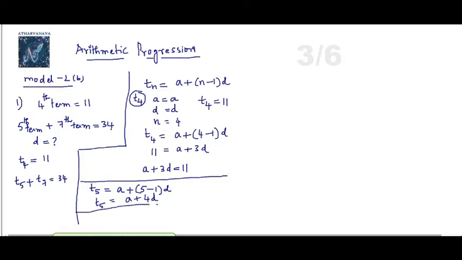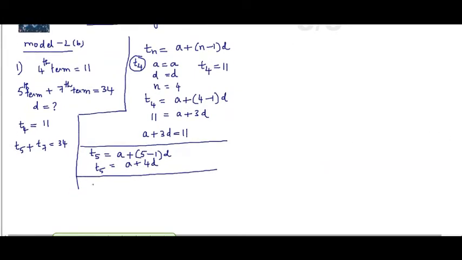Then similarly, what is T7? T7 is equal to A plus 7 minus 1 into D, which is equal to A plus 6D. Correct?